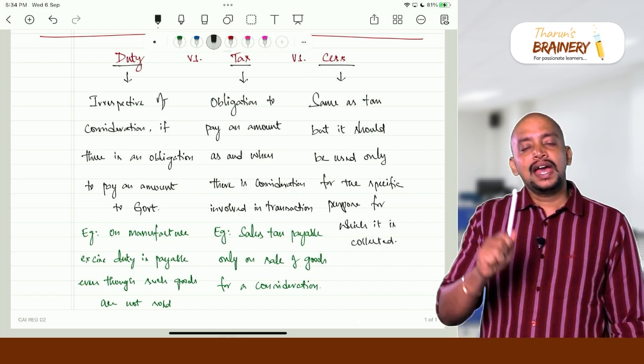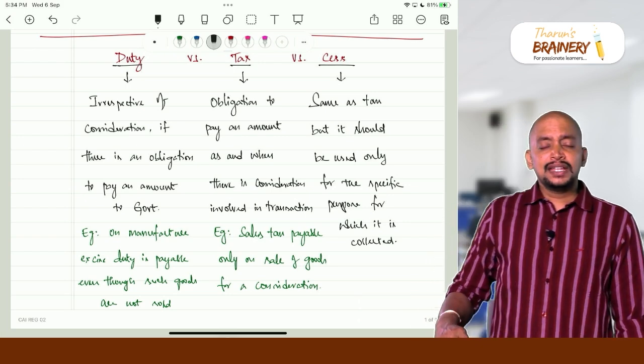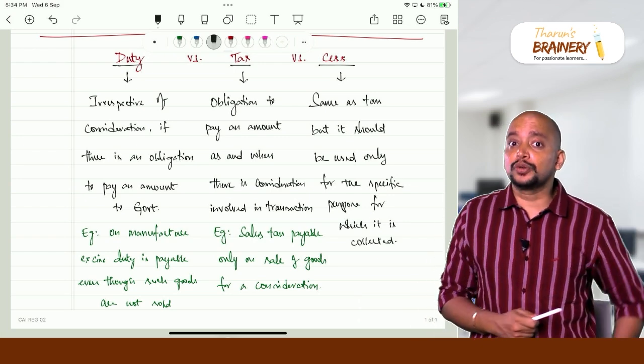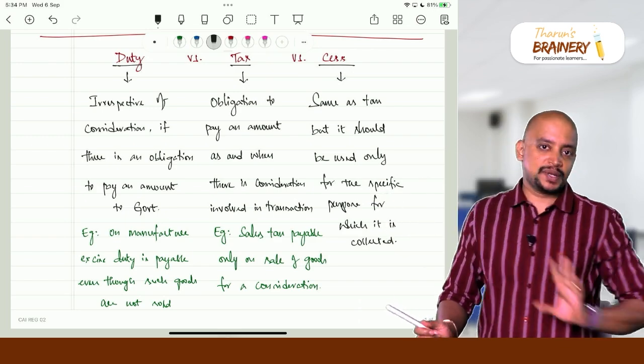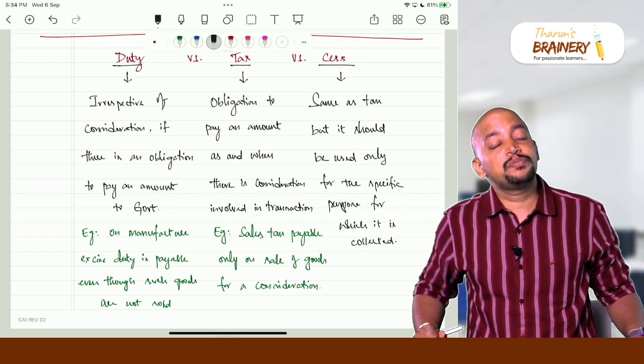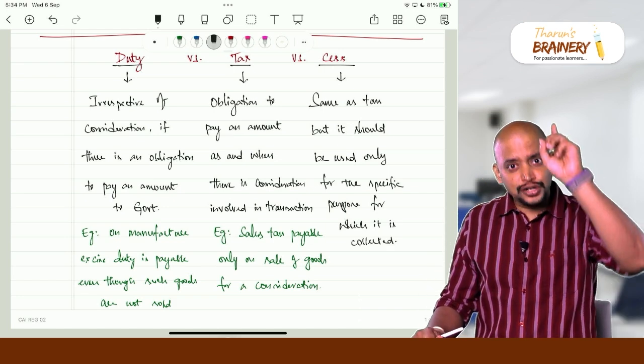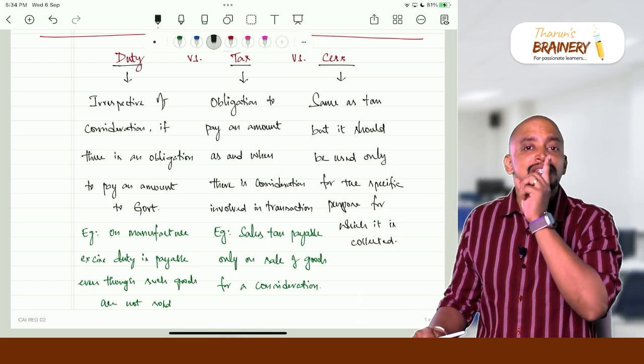So we have health and education cess. That cess collected should be used only for the purpose of health and education. It cannot be used for any other purpose. Same way, compensation cess collected should be used only for paying compensation to the states.